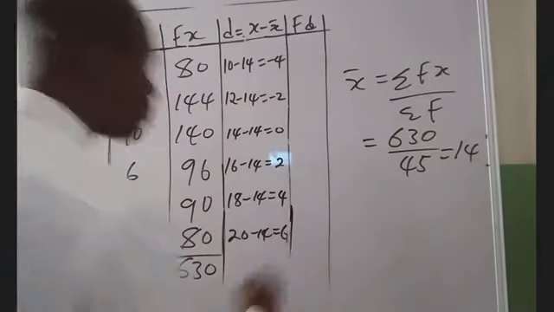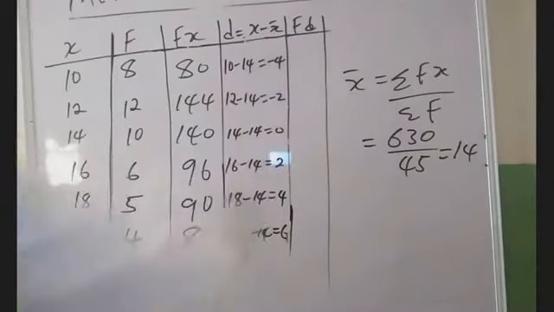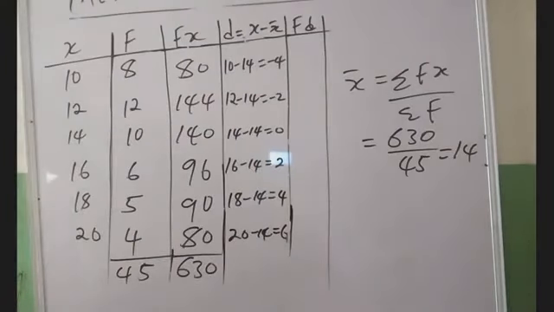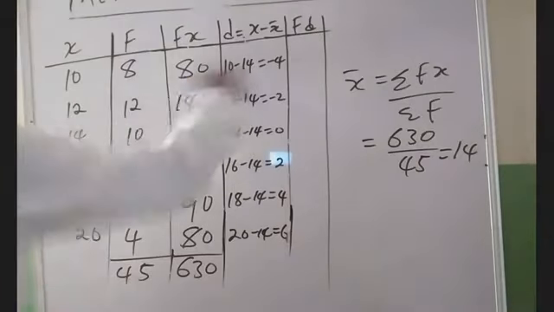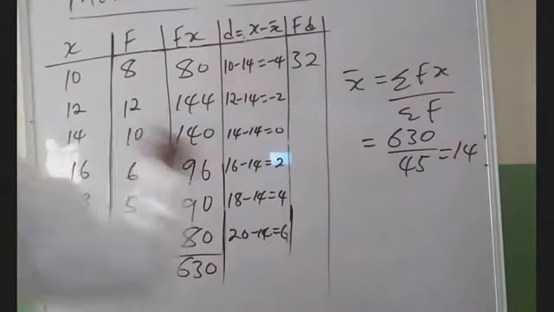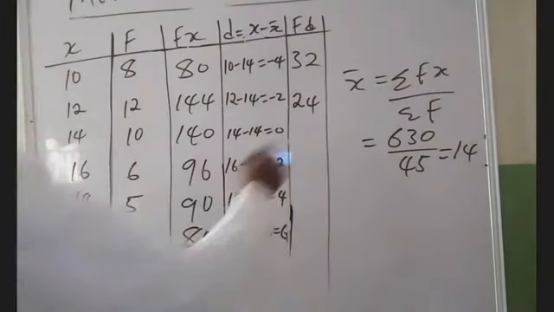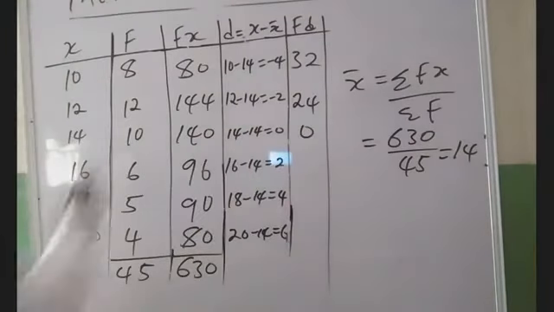So remember, when we come to the deviation, we neglect the negative sign. So we have 4 times 8 is 32. 2 times 12 is 24. Here is 0, that is 0 times 10.